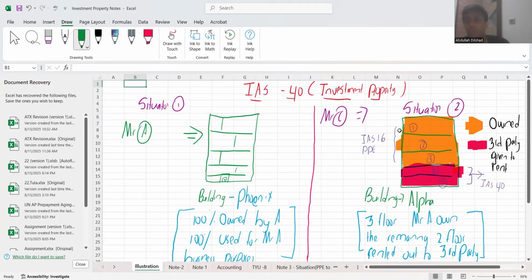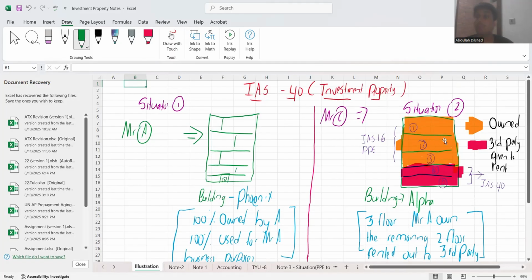Mr. C intends to own the first three floors, which are marked in orange, and he's planning on renting the fourth and fifth floors to a third party.